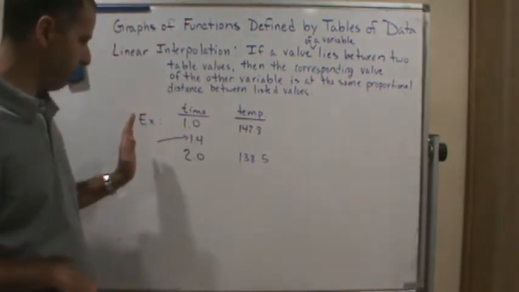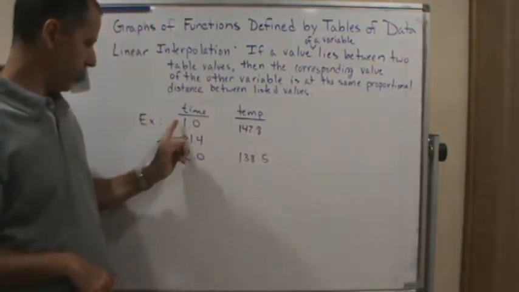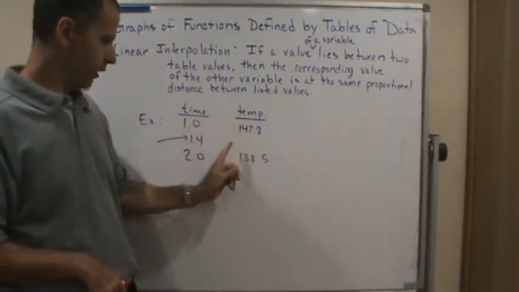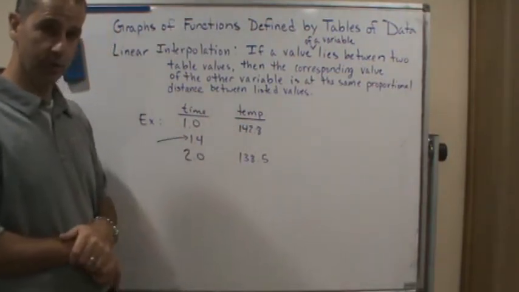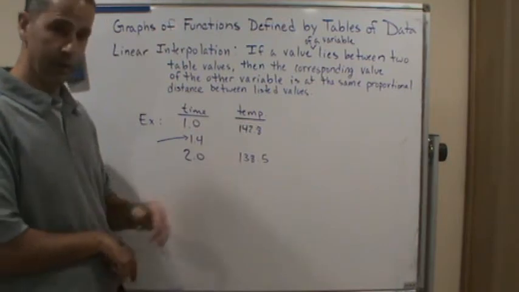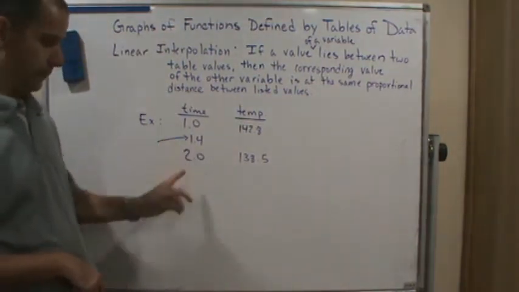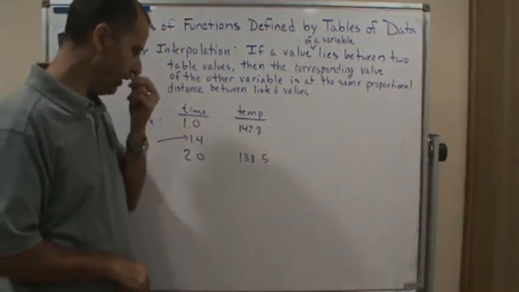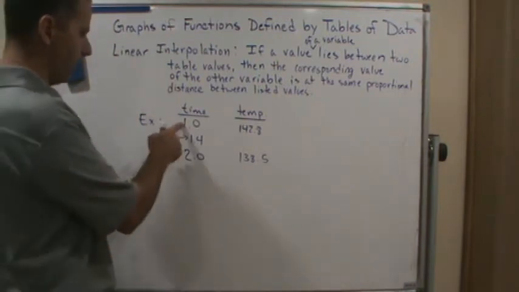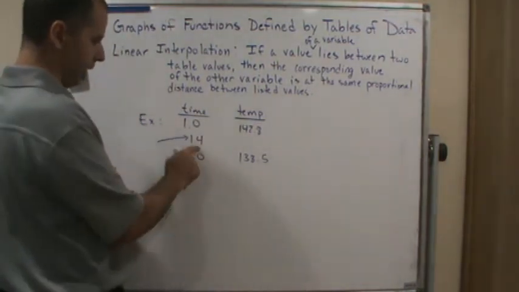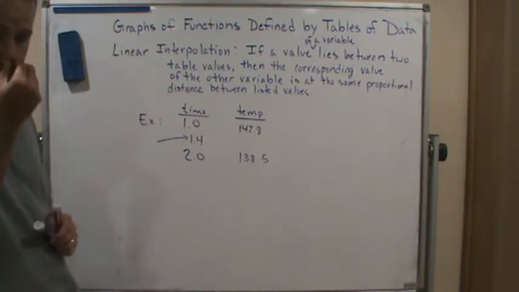Let's say we have the boiler data again, and so we've got 1 and 2 minutes, and here are the corresponding temperatures of the boiler at those two given times. And so let's say we want to know, between 1 and 2 minutes, what was the temperature at 1.4 minutes?